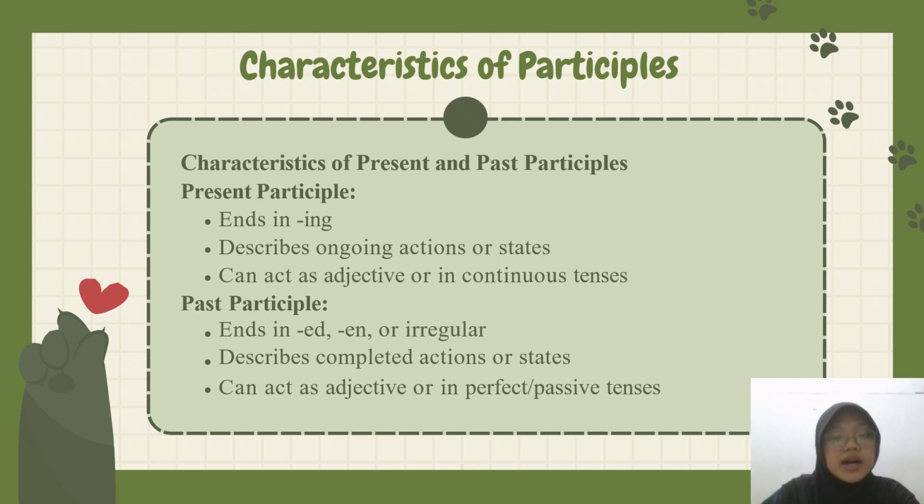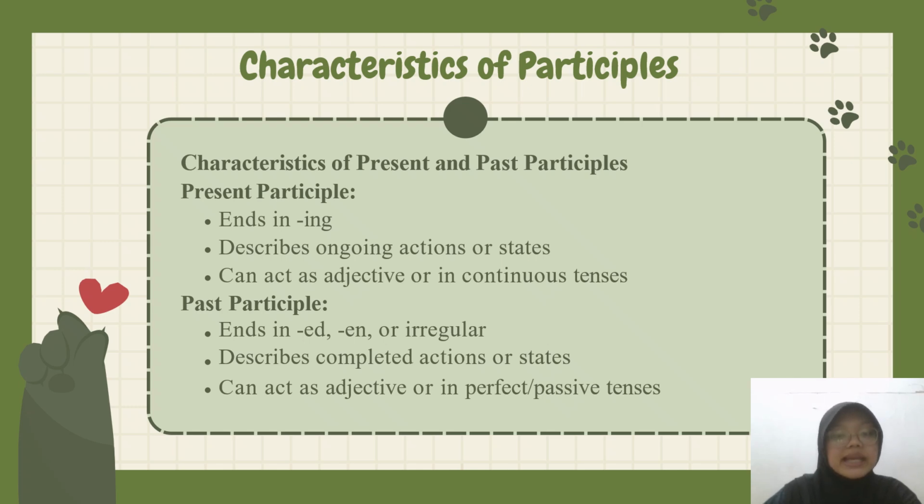Next, for the past participle, its endings can be ed, en, or irregular. This is the third form of the verb, okay, verb 3, that we often see in dictionaries. It describes completed actions or states. For example, a broken vase means the vase has already broken.